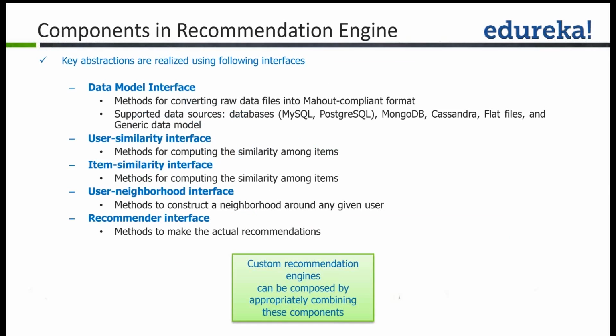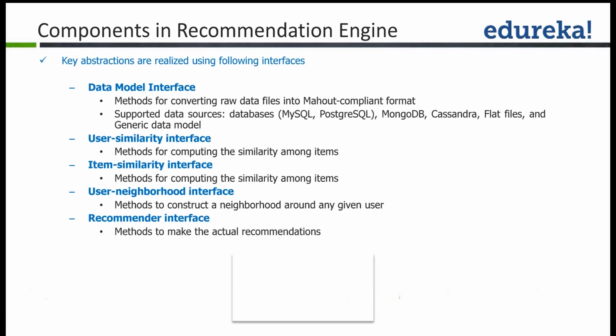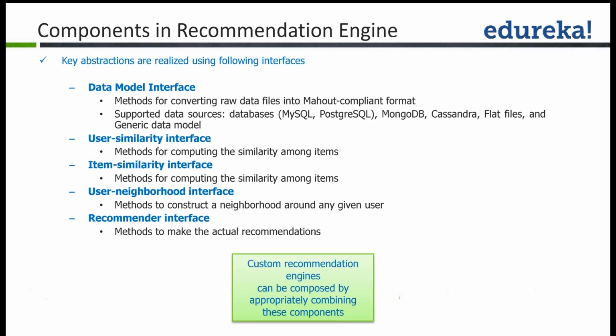And in Mahout, as I was telling, recommendation engines are a little more sophisticated, and they are composed of different components. Okay, and these components are typically the key abstractions that are realized using different interfaces. Okay, the first one is a data model interface, which is essentially adapters to different data formats, right?